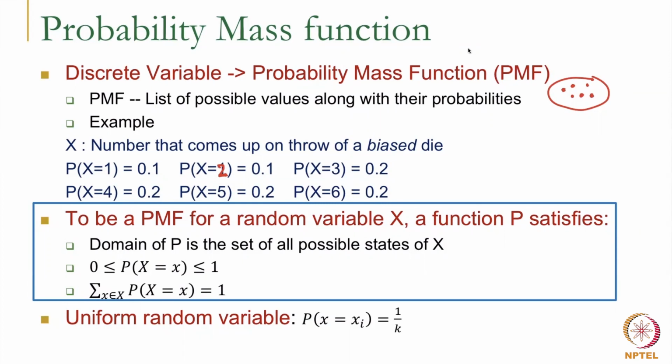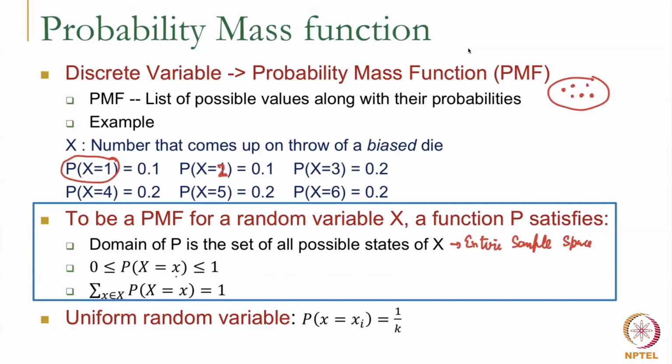So to be a probability mass function for a random variable x, you need to satisfy a few things. Of course, remember the entire sample space has to be written down. And each individual probability, for example, if it reaches 1, 2, 3, 4, 5, 6, all of these probabilities have to be less than 1.